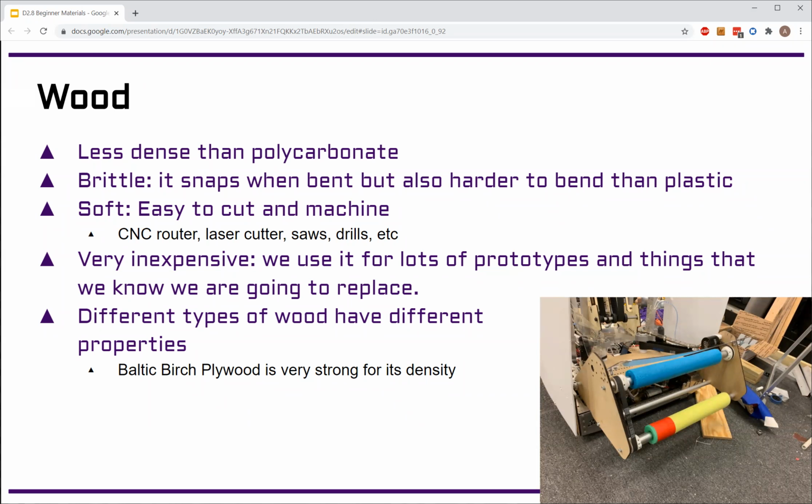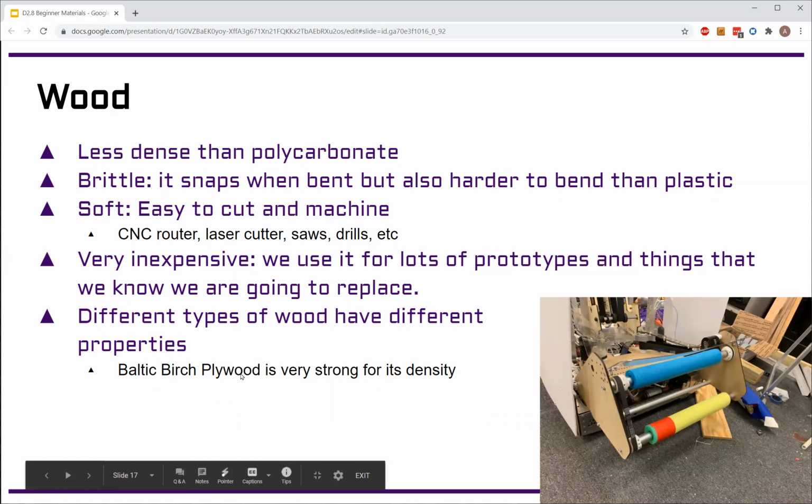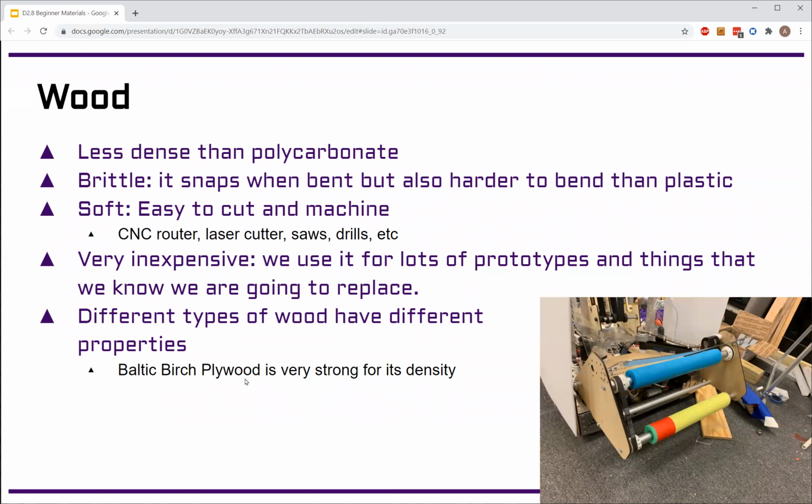Different types of wood have dramatically different properties. So most of the time, if the wood's actually gonna be a final part of our robot, which it often is, we'll use what's called Baltic birch plywood, and it's a very specific way that they make the plywood, where it's made from sheets of birch wood, and each ply is just solid birch all the way through.